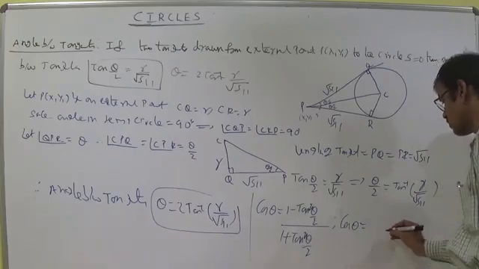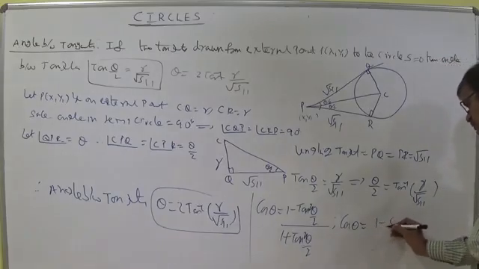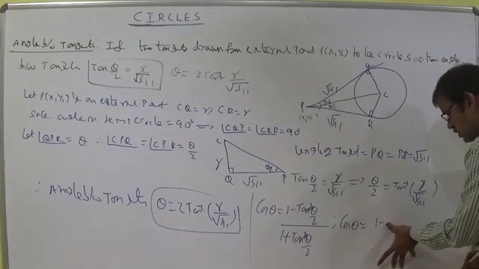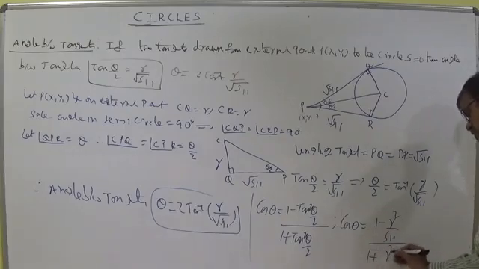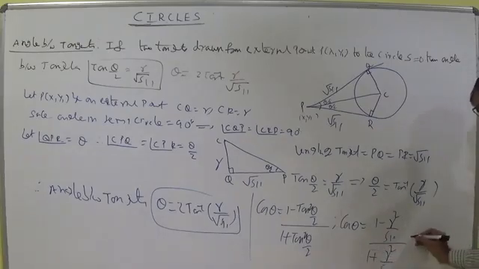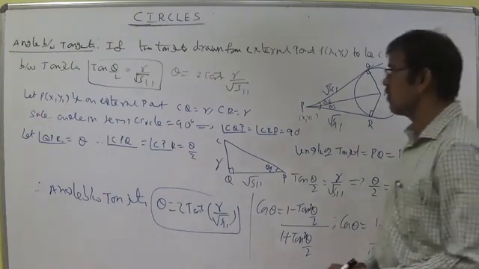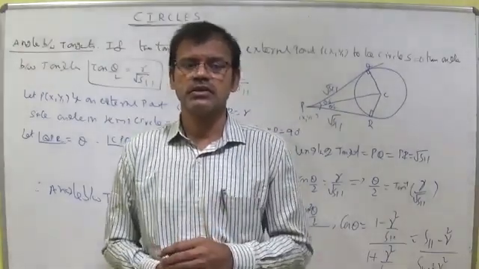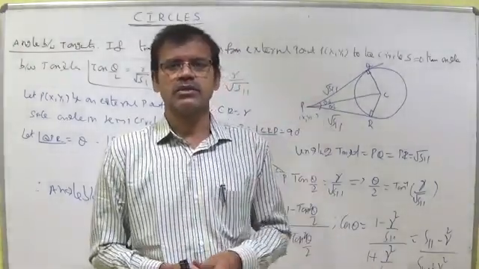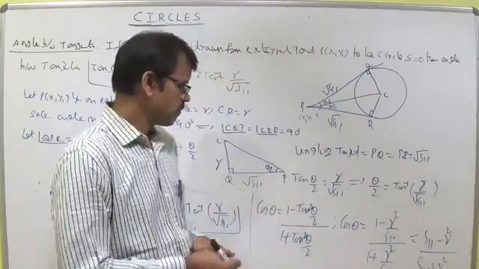So cos theta is equal to, 1 minus tan square theta by 2 means here 1 minus r square by S11 by 1 plus r square by S11. So you can write here S11 minus r square by S11 plus r square. So what is S11, sir? Whatever the point is, x1, y1, by substituting in the given circle you will get S11, and r is equal to root of g square plus f square minus c.